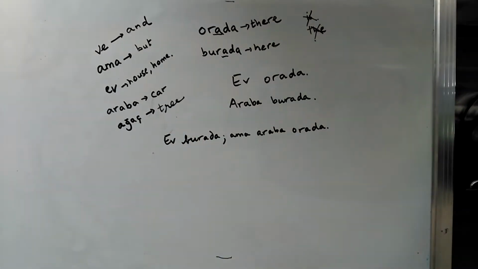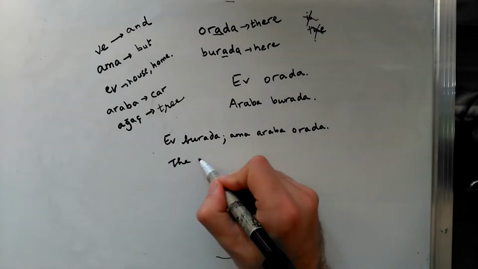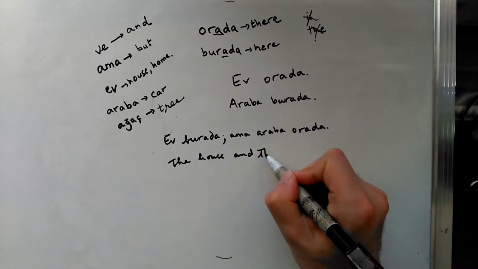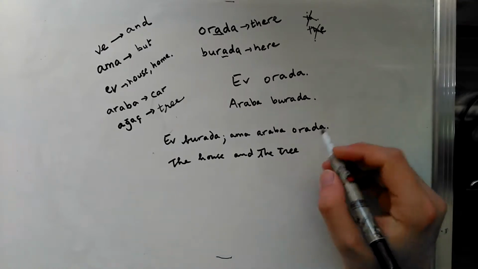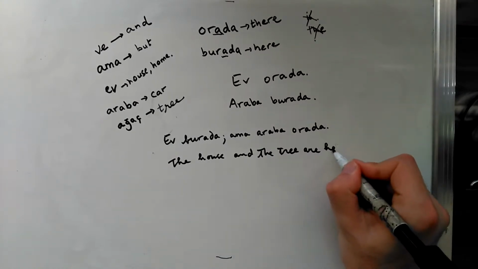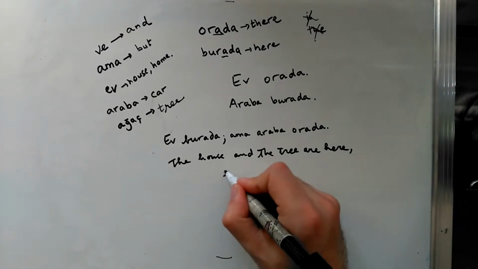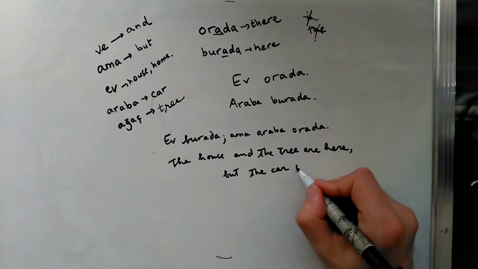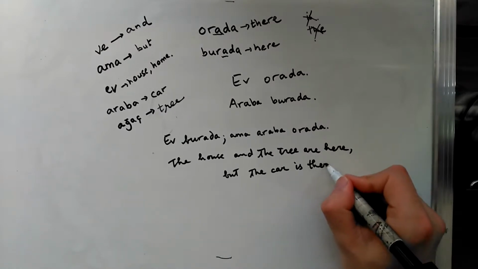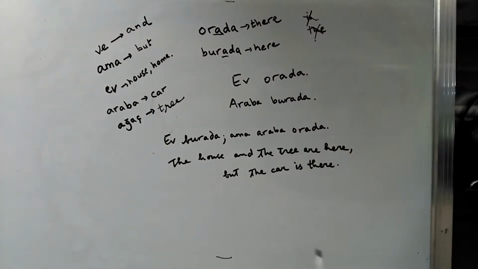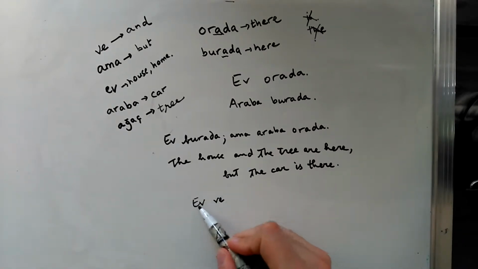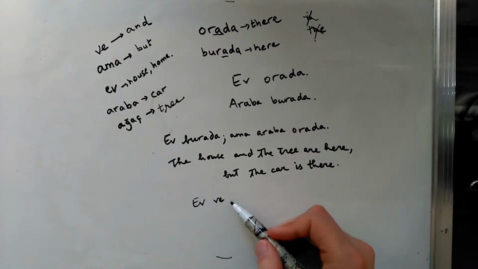Now let's try to say the house and the tree are here, but the car is there. Now the house is ev and ve. It's reversed actually, coincidentally.